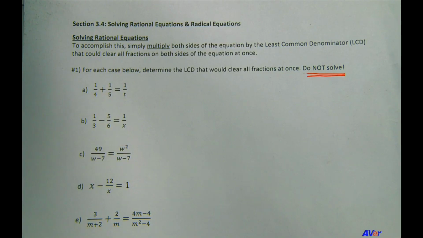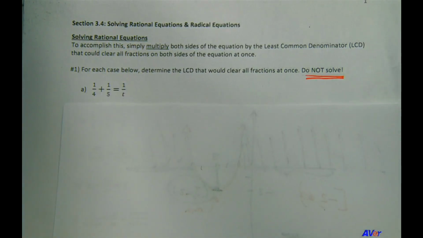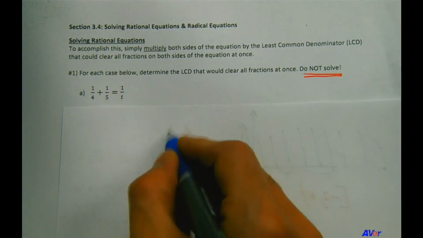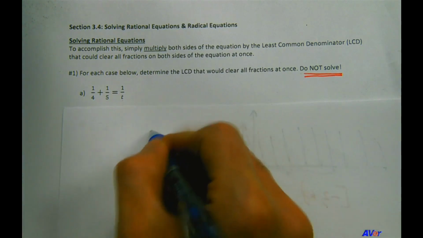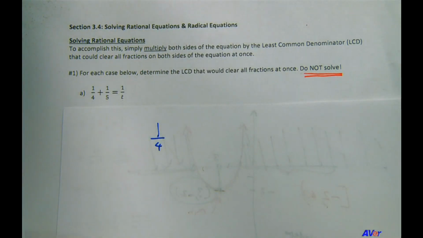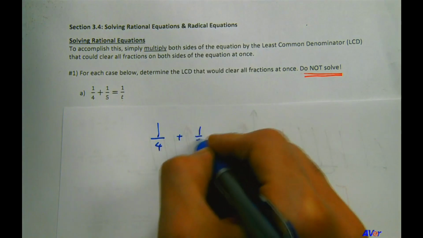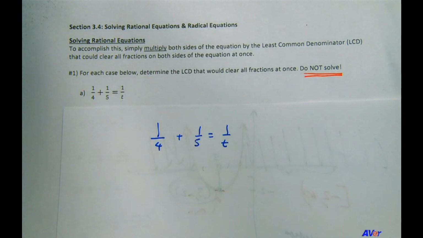Okay, so let me give you an example of what not to do. I'm going to do that on this scratch paper that I have in front of me. Sometimes when I give an expression like this on an exam, suppose we have 1/4 plus 1/5 equals 1 over t. Again, this is an example of what not to do.